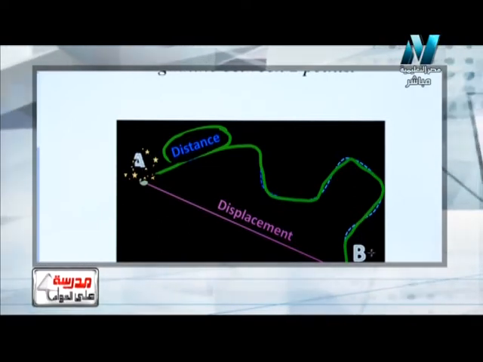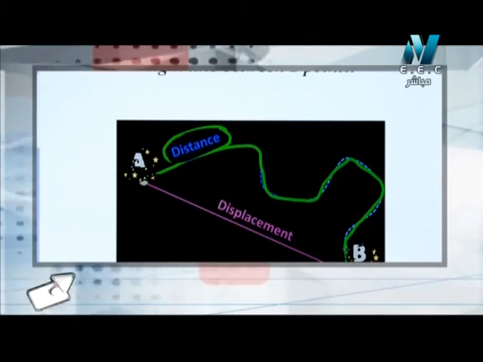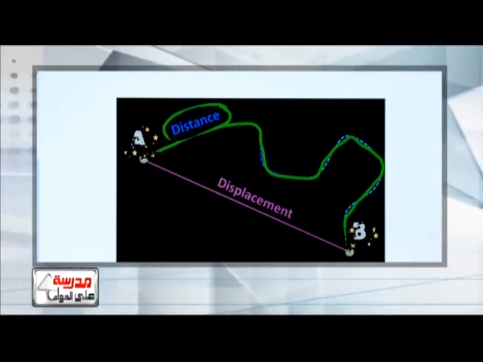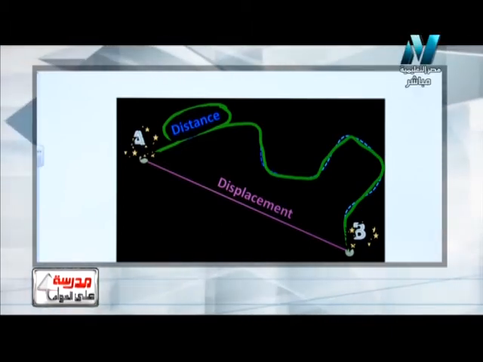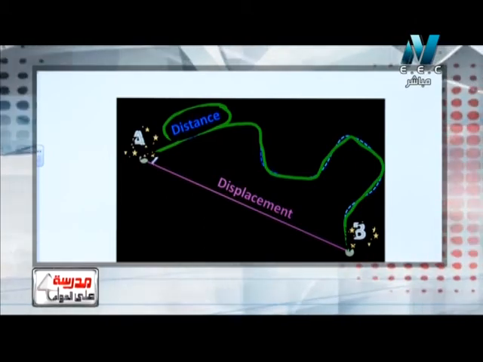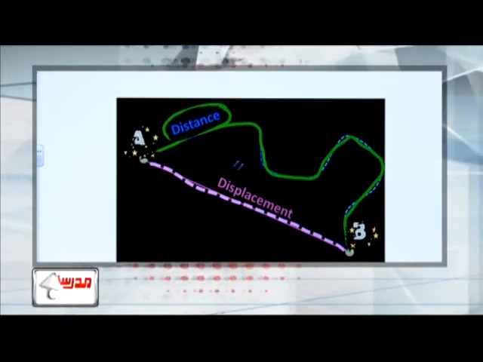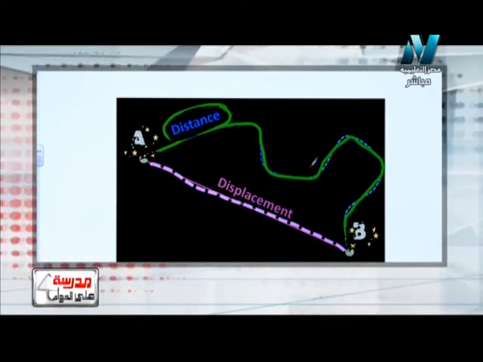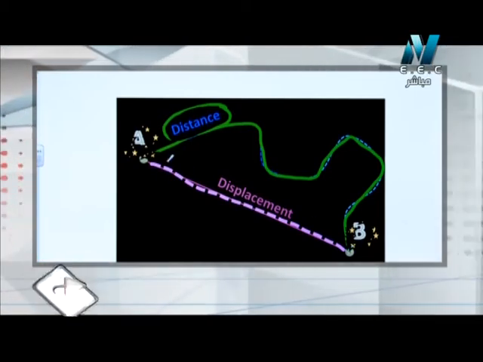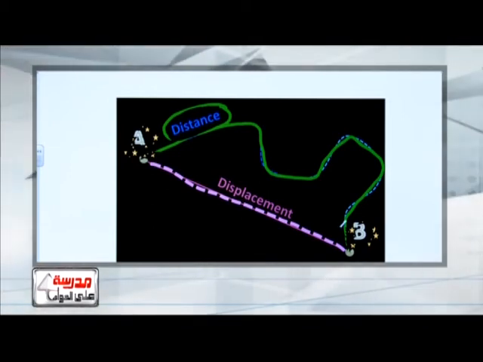The ending point is B, as you see here, point B is the ending point of the trip. So displacement here is the shortest straight line between starting point and the ending point. This is the displacement, as you see. So here we know distance as the actual length between the 2 points, and displacement is the shortest straight line between 2 points. And when I say 2 points, it means starting point and ending point.